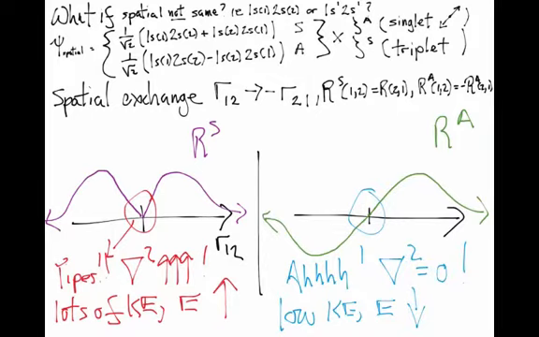So, all else being equal, if I have different spatial single electron functions, then the case with the antisymmetrical spatial wave function is going to have lower energy than the case with the symmetrical spatial wave function, for the reasons we just described with the curvature. So the triplet wave function has the good spatial part and is lower in energy than the singlet wave function, which has the bad spatial component.